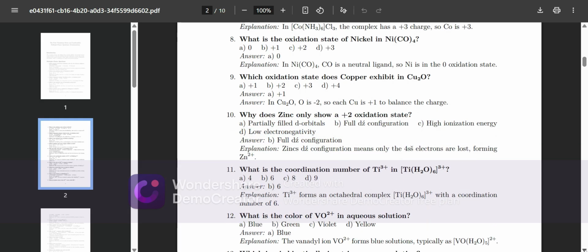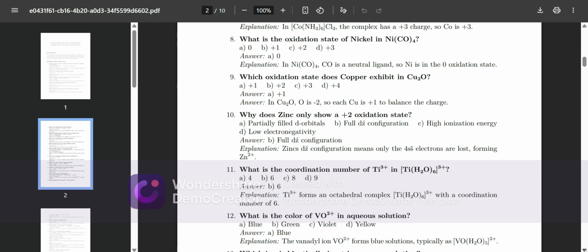What is the oxidation state of nickel in Ni(CO)4? 0. In Ni(CO)4, CO is a neutral ligand, so Ni is in the 0 oxidation state. Which oxidation state does copper exhibit in Cu2O? +1.